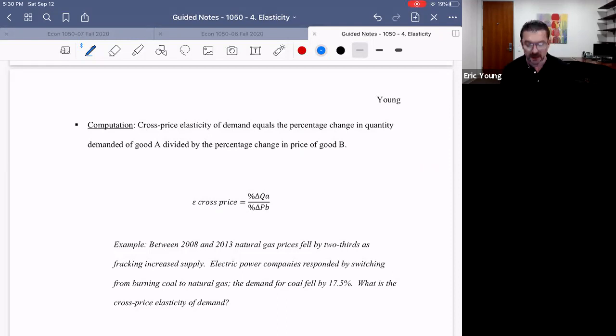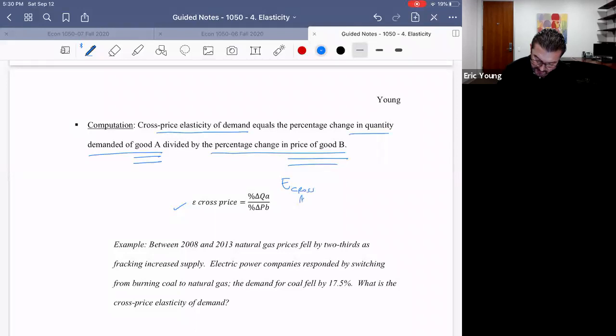But for the purposes of our formula, we're going to say that cross-price elasticity of demand is equal to the percentage change in the quantity demanded of good A divided by the percentage change in the price of good B. Or as I have it right here, the elasticity cross-price coefficient is going to be equal to the percentage change in the quantity demanded of good A divided by the percentage change in the price of good B, okay?